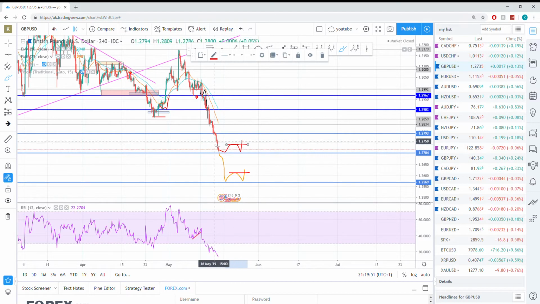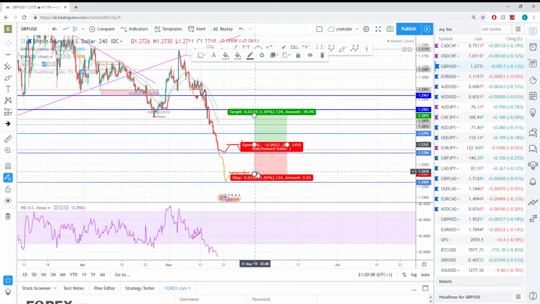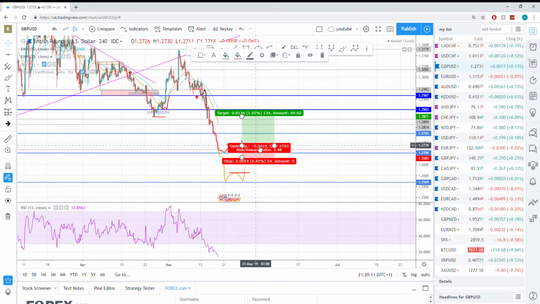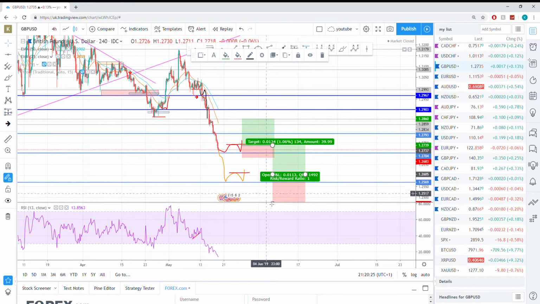So I'm looking basically to get a double bottom at a key level, and for price to break the structure of that pinpoint here. So in terms of take profit zones, we could look for something like this. Ultimately coming to around this point here. So that would be one possible scenario, and the next one would be roughly here.